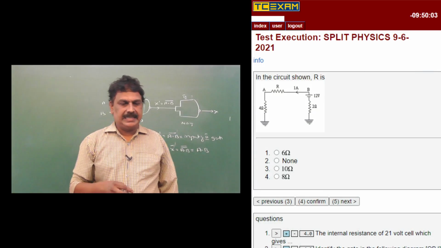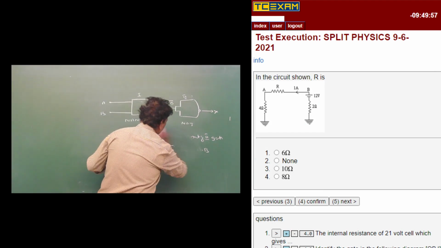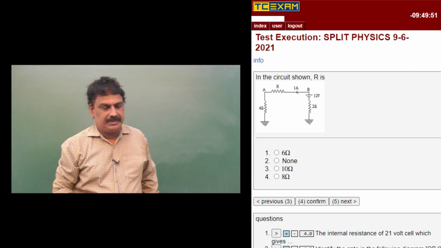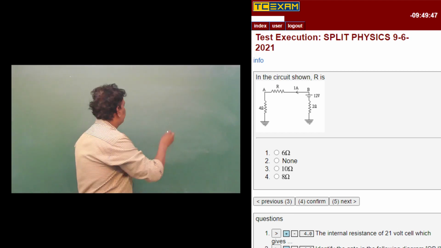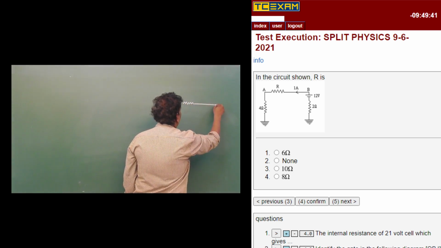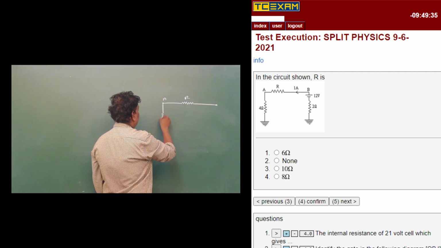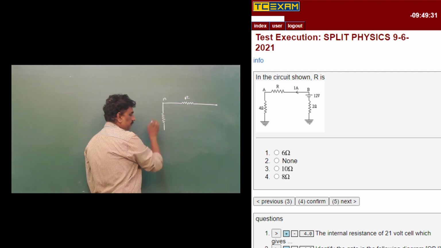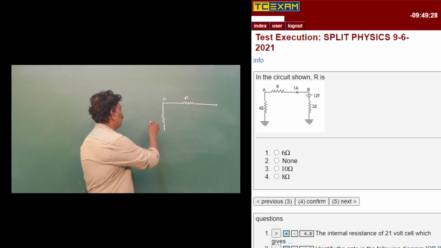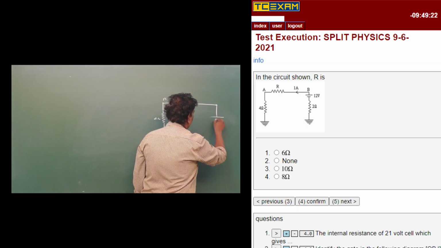Right. Now in the next question, in the circuit shown, we are given that in between A and B there is an unknown resistance R, and A is connected with a 4 ohm resistor, and it is connected to a battery and a 2 ohm resistor.